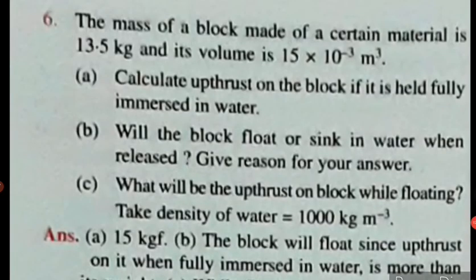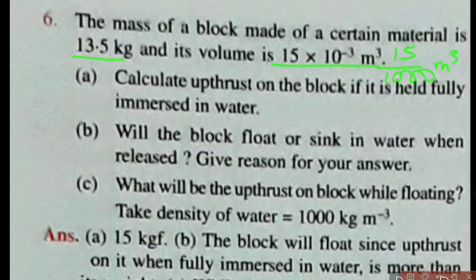Coming to question number 6, the question reads: the mass of a block made of a certain material is 13.5 kg, and its volume is 15 into 10 to the power minus 3 meter cube, which is actually 15 upon 1000 meter cube.